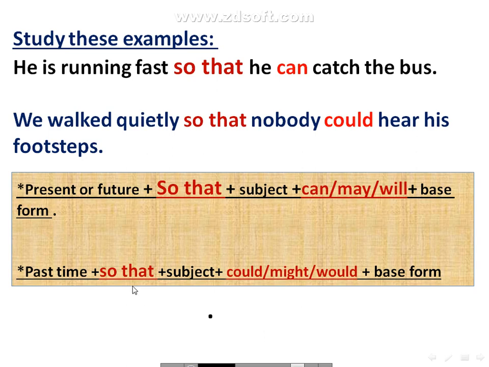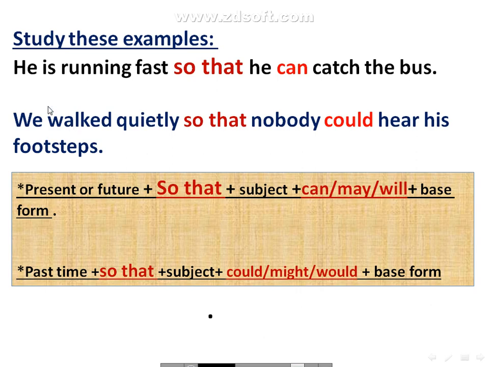Or we can use subject, could, might or would, plus the base form of the verb. We use can, may, will if so that is preceded with the present or future tenses. So that is followed with could, might, would if it is preceded with the past tense.